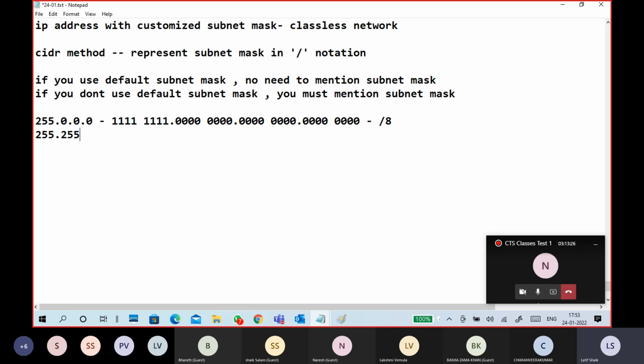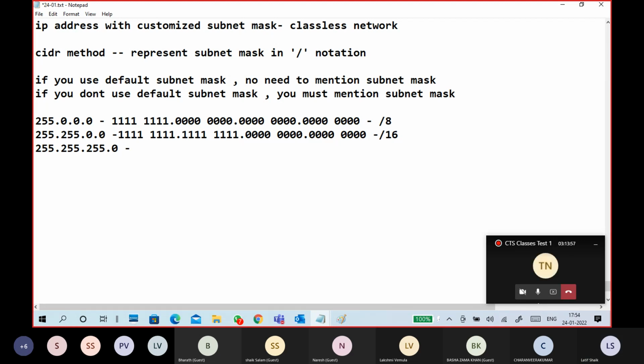You take 255.255.0.0, it is slash 16, because 16 ones are there in this subnet mask. Slash 24.